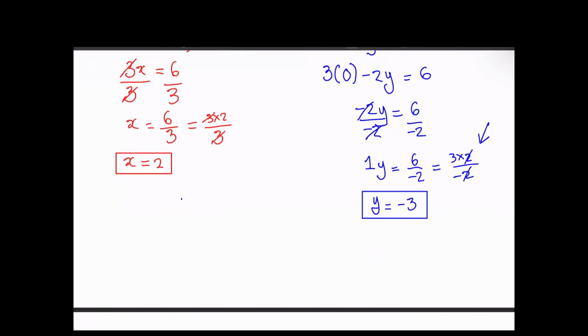So basically, if you graph these, once you have the x-intercept and y-intercept, here is your x-intercept, don't forget. This is your x-intercept. And this one right here is your y-intercept.